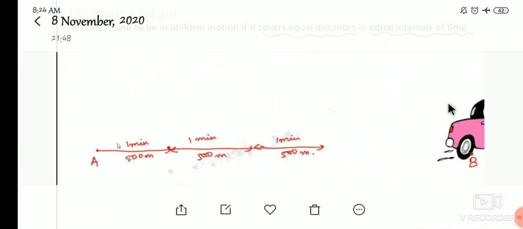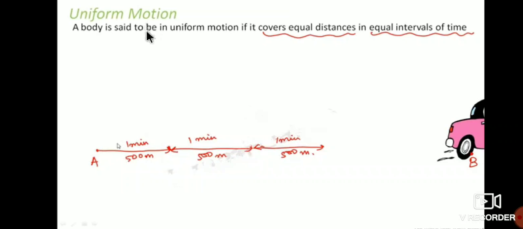This shows that in each minute the car covers 500 meters, 500 meters, and 500 meters. That means the car covers equal distance in equal intervals of time. This is called uniform motion.